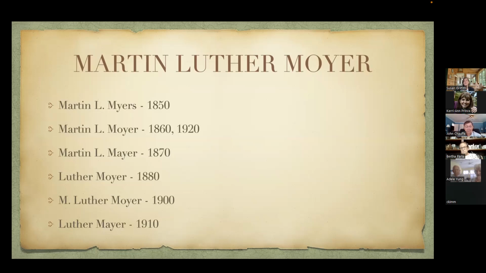anybody want to say what searches you could do? I'm thinking, looking back on what I could use, if I did an M and then an asterisk, meaning one or more letters, and then ER, that would get Martin L. Mayer in 1870. It would get Luther Moyer in 1880.